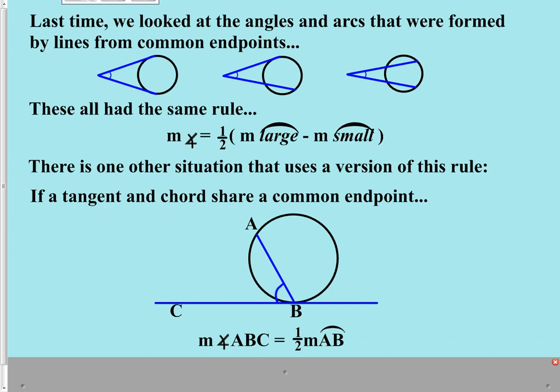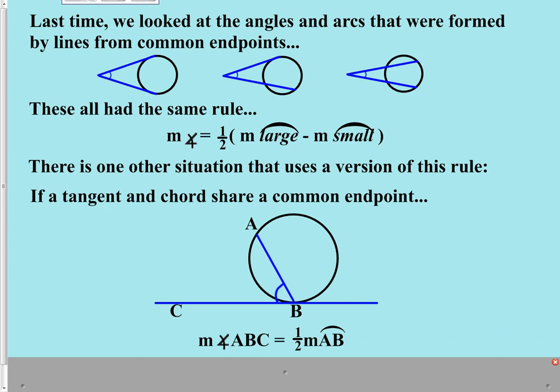Now, the reason for that is this. Looking at the picture, how many arcs are actually caught in between this tangent BC and chord AB? Well, there's only one arc in there.